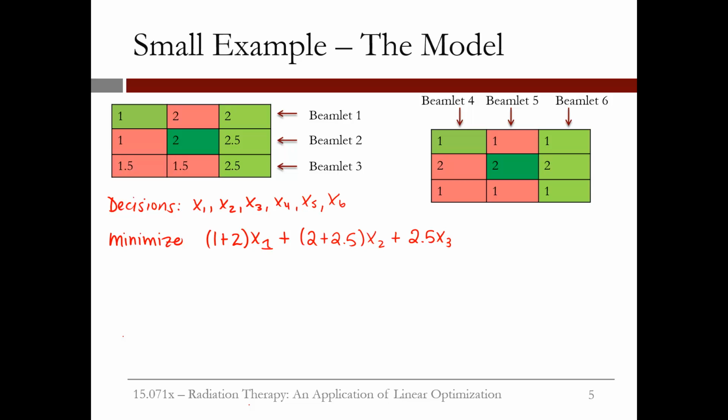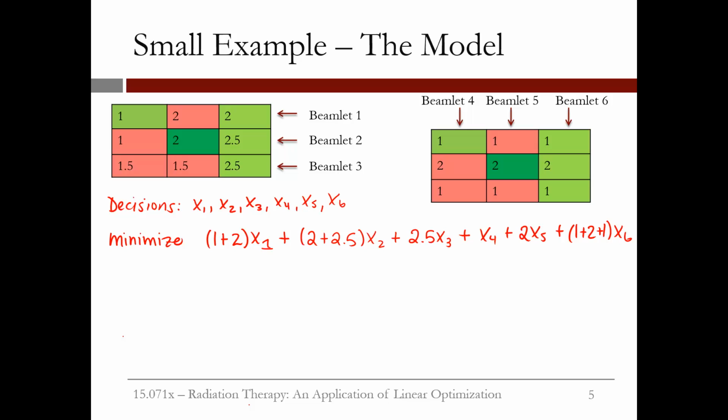Now for beamlets 4, 5, and 6, beamlet 4 just gives 1 dose to healthy tissue, beamlet 5, 2 times x5, and then for beamlet 6 we have (1 + 2 + 1) times x6.